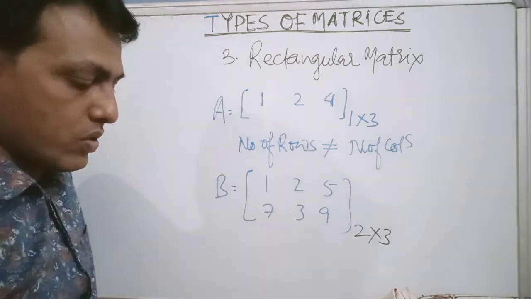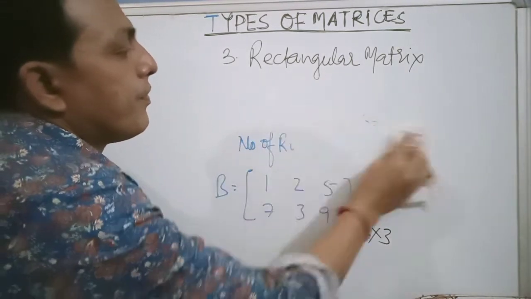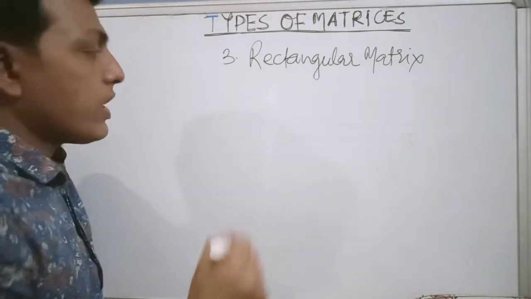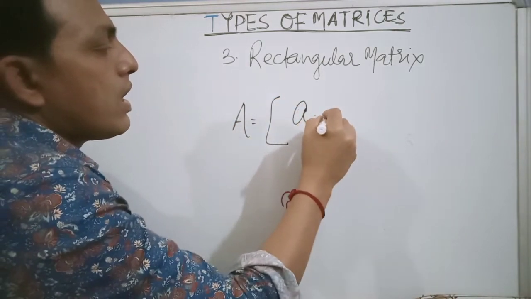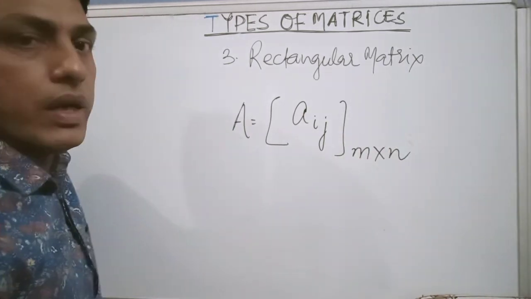Correct? So in the symbolic form, a matrix A ij of order m by n.